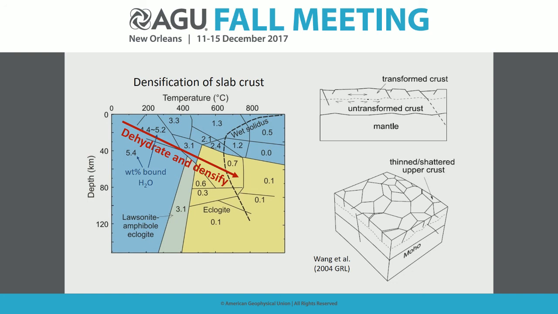As the slab goes down and various hydrous minerals break down, the overall tendency is that the crustal rock will densify and shrink in volume, because the substratum, the mantle part, doesn't shrink as much. The shallow part is shattered and fractures itself, and so it forms a poor condition to have coherent rocks for a big rupture.